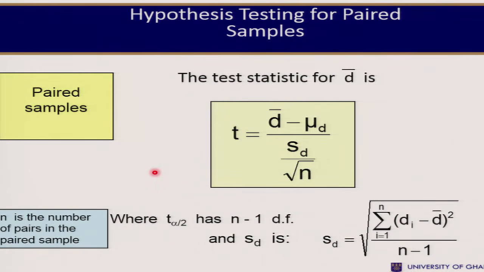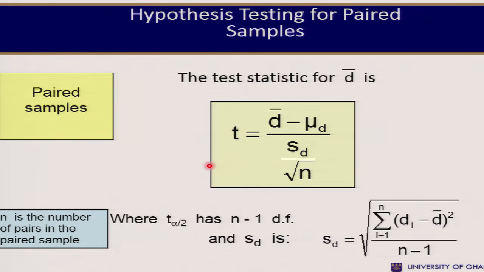In the case of paired samples, we are looking at a situation where the number of elements present in the first group is the same as the number of elements present in the second group. That is why they are called paired samples. We actually do this by considering the pairs of elements in each situation.